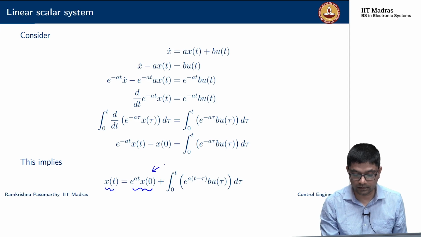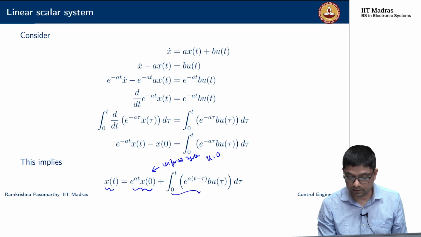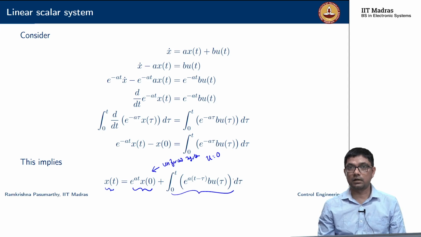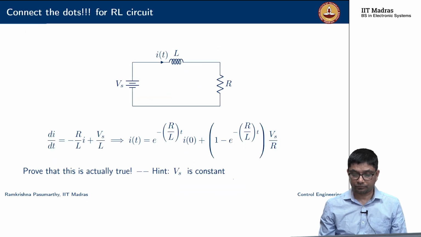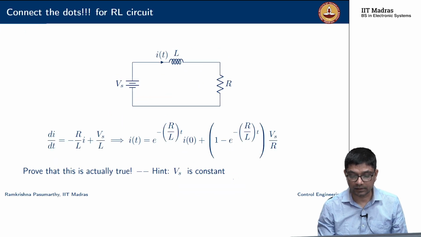This was the same for the unforced system, which had u equal to 0, and then another term which was largely because of the control input to the system.